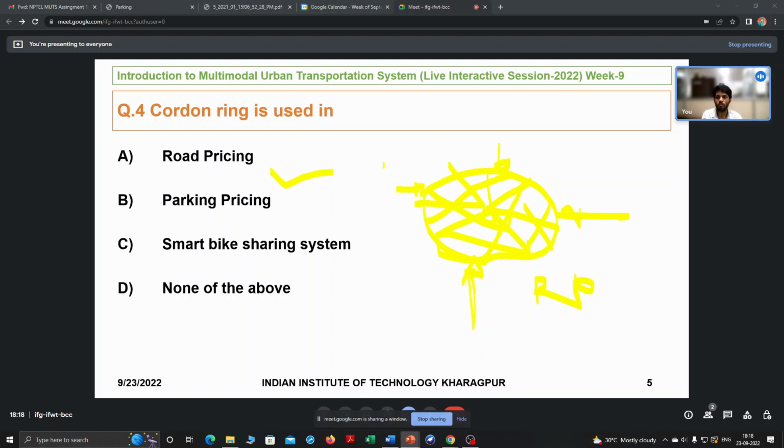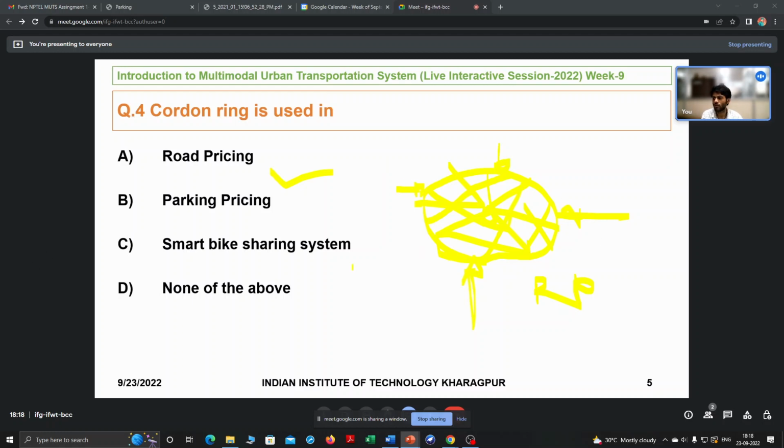For parking pricing, you may say we can use a cordon ring, but generally we don't. It is generally around the CBD area, wherever you park, you need to pay this amount of money. And a smart bike sharing system has nothing to do with a cordon ring. Generally it should be available throughout the city if any city has adopted it.